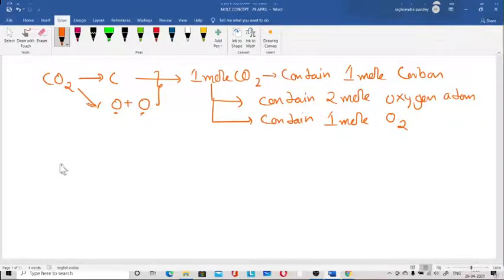Similarly, if we talk about glucose, C6H12O6, it is slightly more complex. Most of the questions you will get in moles or in molecules. If it is in molecules, all these will be in molecules. I'm just talking about 1 mole of glucose.